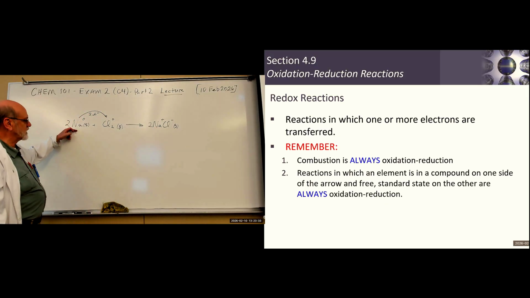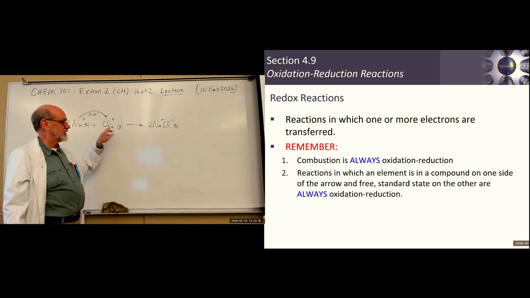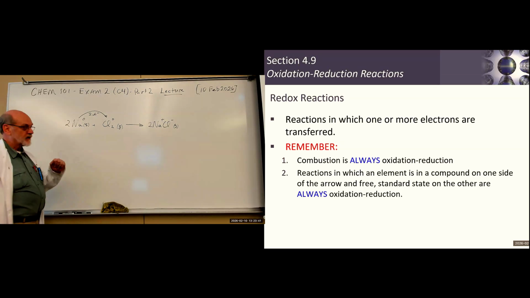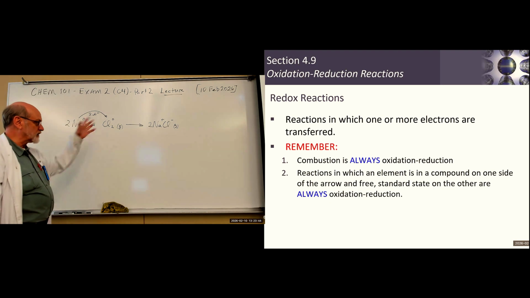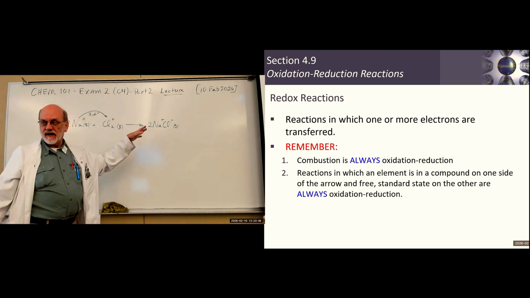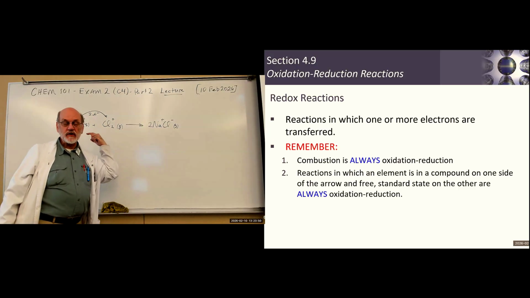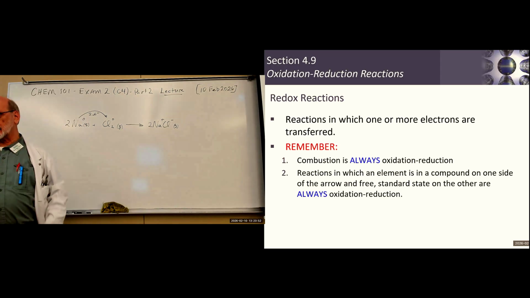Because each one lost 1 electron and each one gained 1 electron. So there we know that's an oxidation reduction reaction. And the rule of thumb is if you have an element on one side or the other, it doesn't matter, and it's in a compound on the other side of the arrow, you can guarantee that's oxidation reduction.